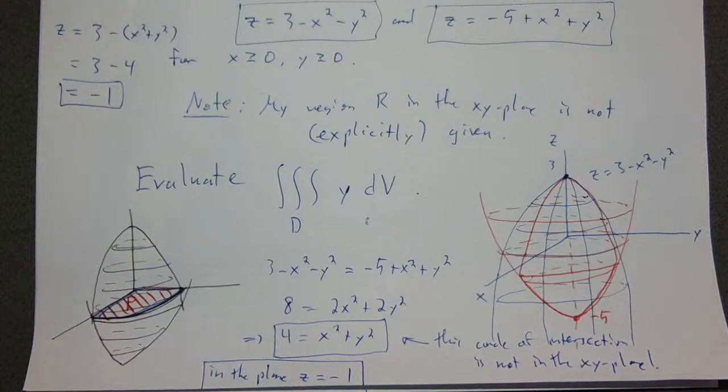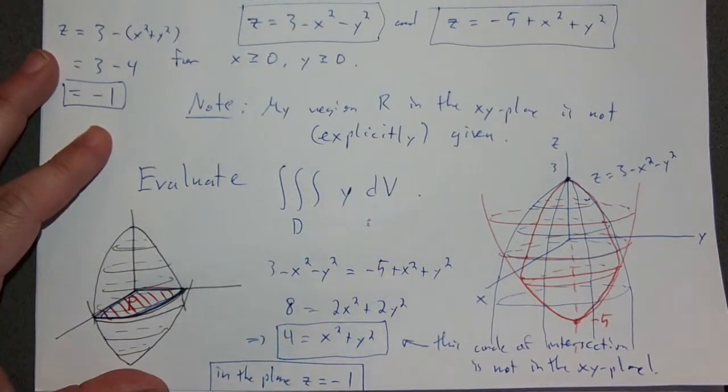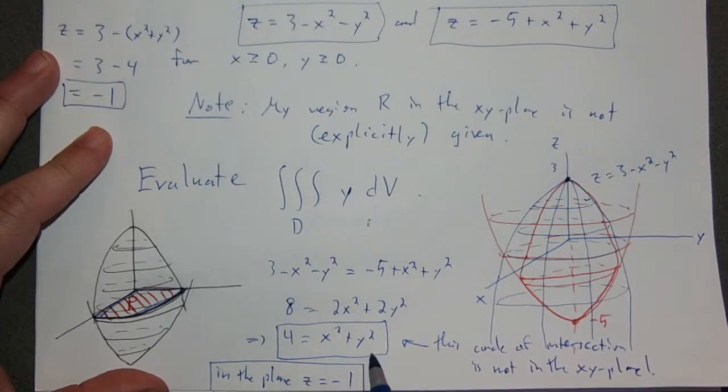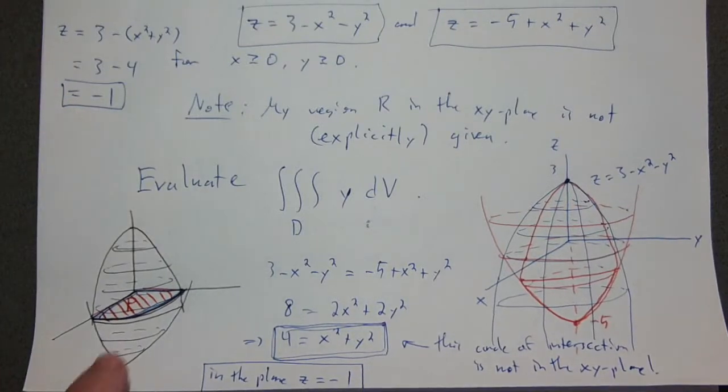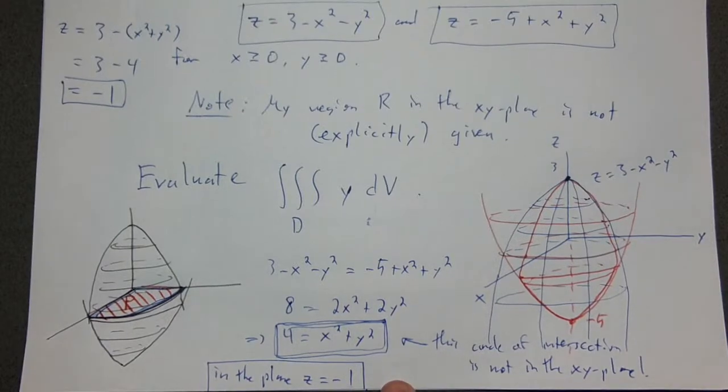What shadow is it going to cast? It is going to cast a shadow that exactly outlines a closed disk of radius 2. So this circle is the boundary of that shadow in the xy plane. Even though this intersection curve did not occur in the xy plane, it occurred in the plane z equals minus 1, it is in fact going to be the boundary of our shadow anyway.